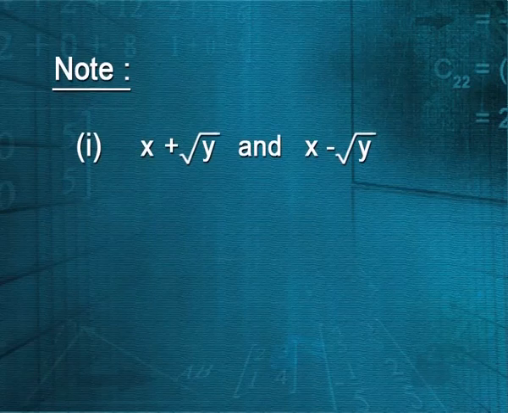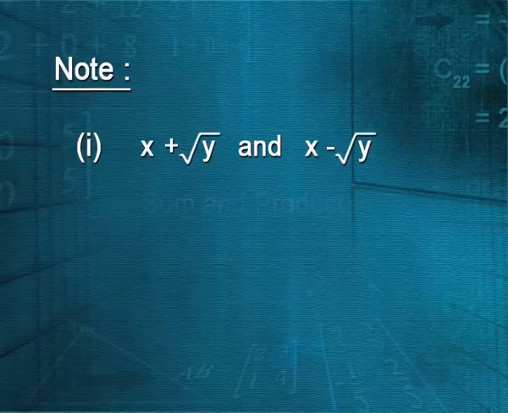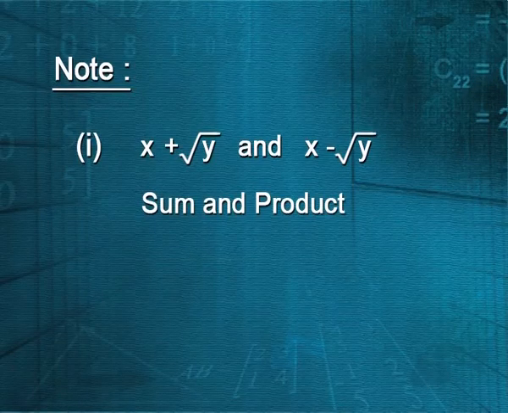Now just think, if we add these two surds, that is we add x plus under root y and x minus under root y, what you will get? 2x. And if you multiply these two surds, x plus root y multiplied by x minus root y, what you will get? Applying the formula a plus b into a minus b is equal to a square minus b square, you will get it equal to x square minus y.